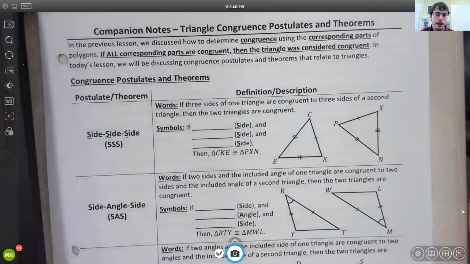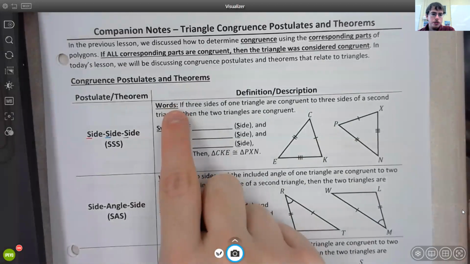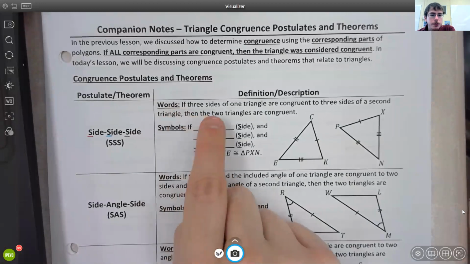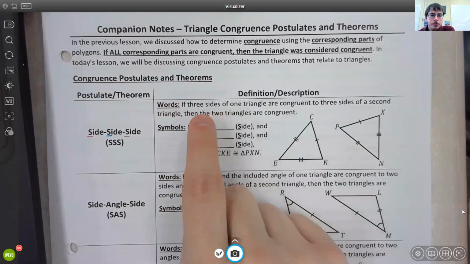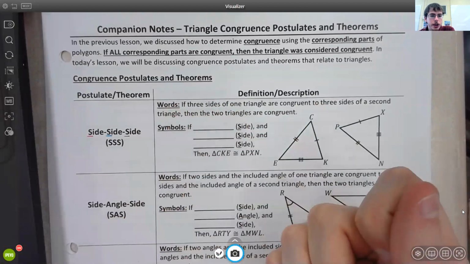Okay, so SSS, and I am going to be using different colors based on the information that we have in the diagram just for this video, just to kind of show you exactly what we're talking about here. Okay, so if 3 sides of one triangle are congruent to 3 sides of a second triangle, then the 2 triangles are congruent. That's all that the side, side, side postulate says.